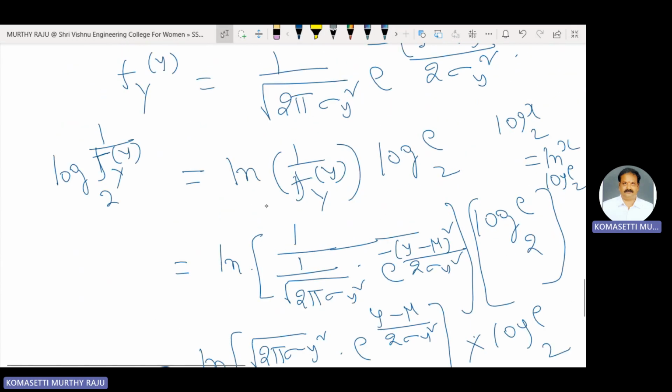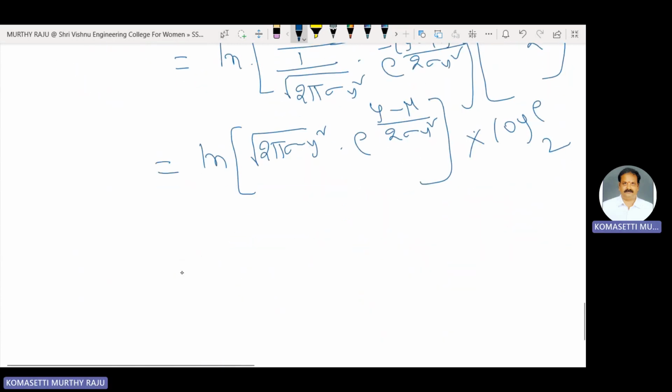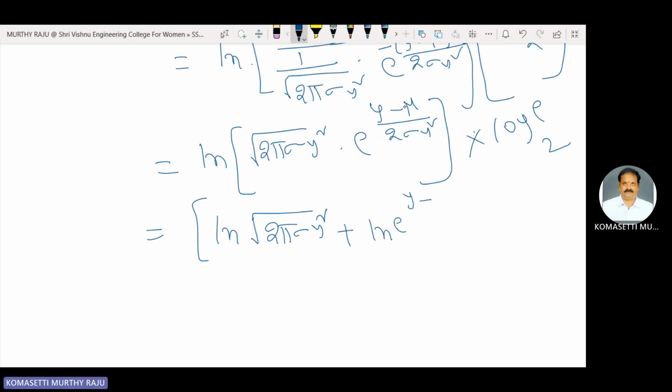These are two terms. ln AB is ln A plus ln B: ln square root of 2 pi sigma y square plus ln e power (y minus mu) whole square by 2 sigma y square, log e to the base 2.